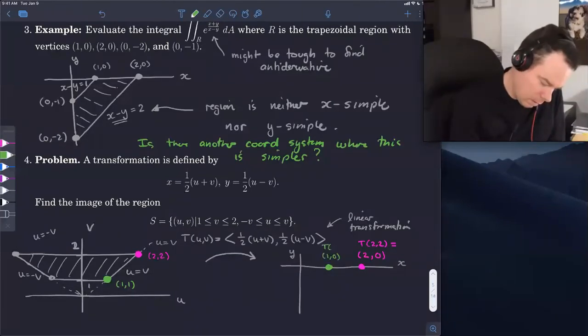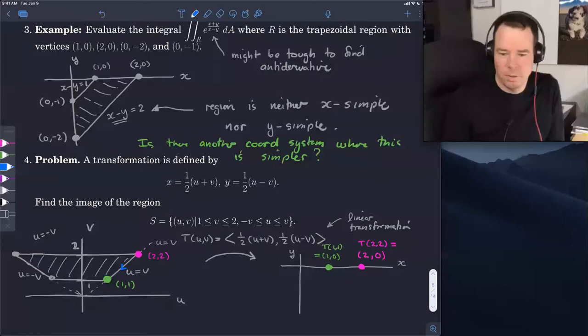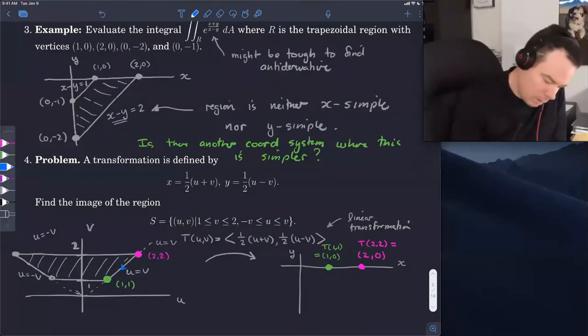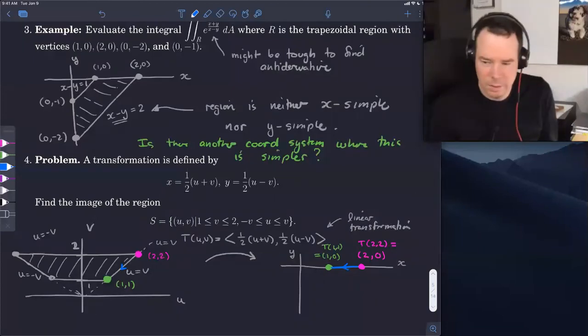So that's T of 1, 1. And the line that goes between them, I'll draw a little arrow indicating on our diagram on the left, the blue arrowhead, the line that goes between them maps to the line that goes between these two, because it's a linear transformation. Lines go to lines.